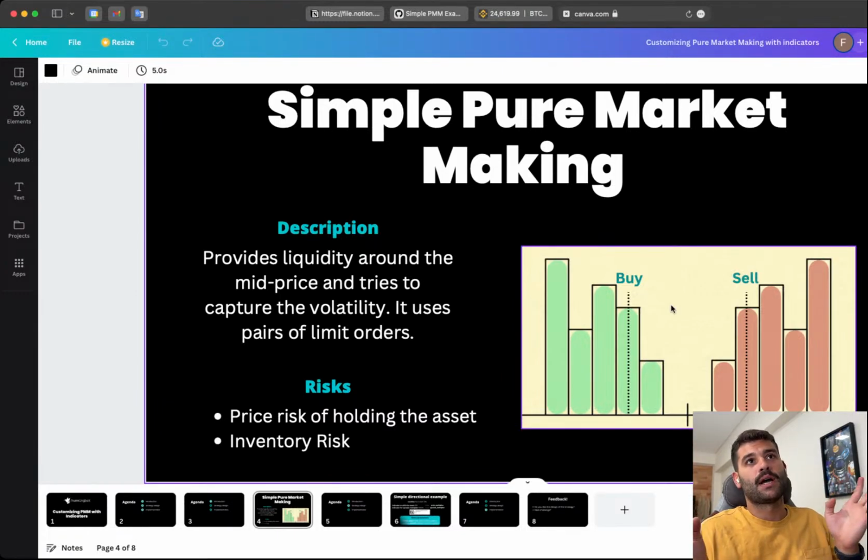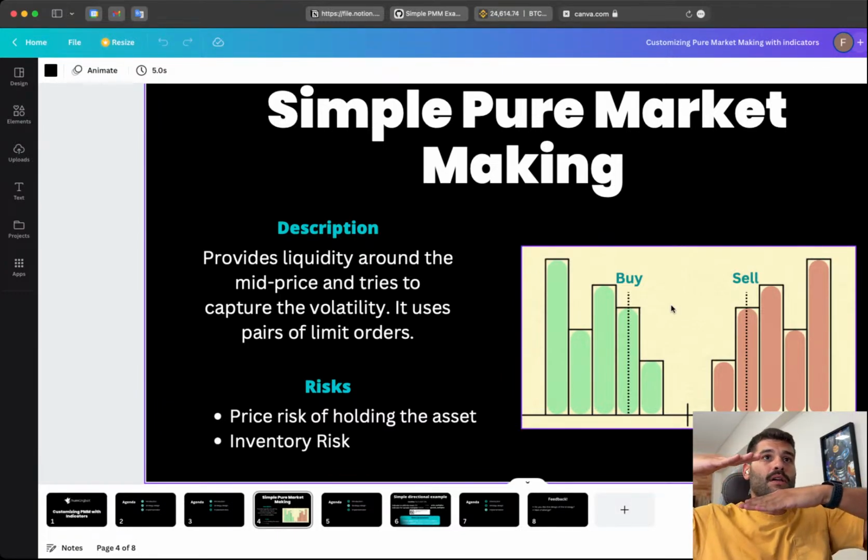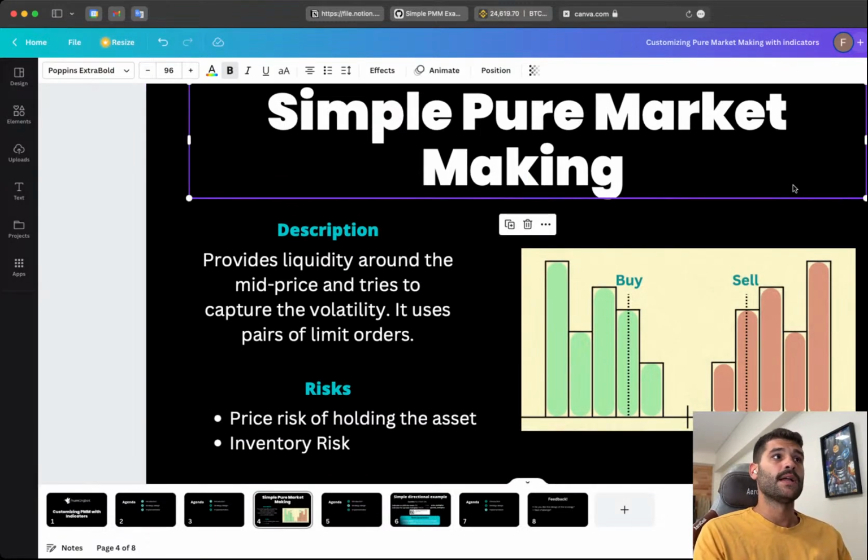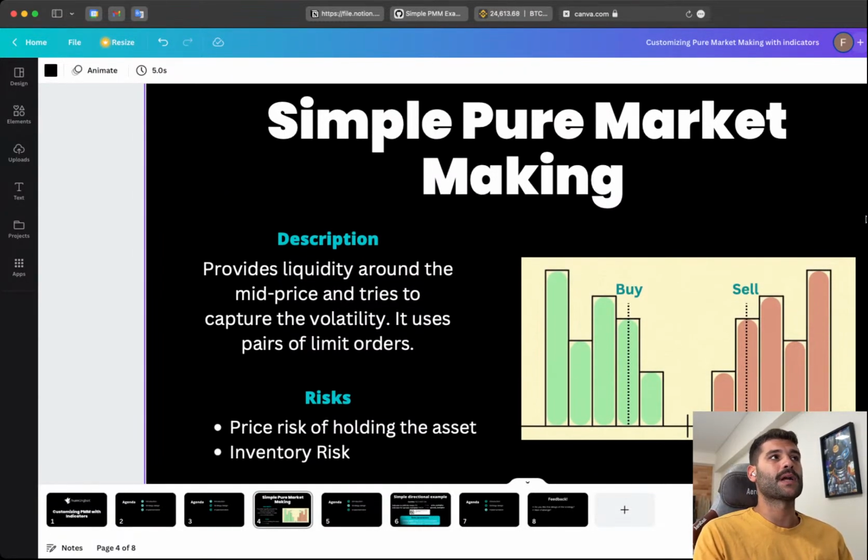That's one of the problems that you can have as a market maker. So probably if you detect that you are in an uptrend, you would like to place the sell order higher and the buy order higher too. So the execution will be like moving towards the trend, right? Well, that's like the intro of the pure market making and the risks that you have here.